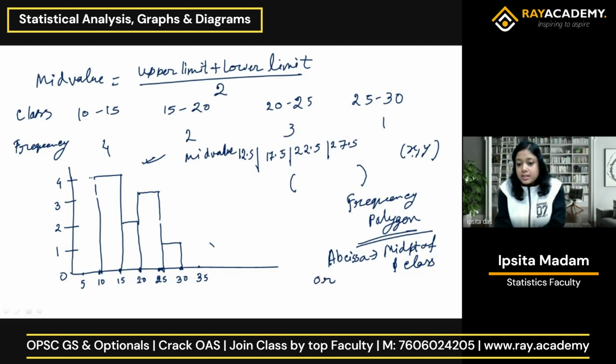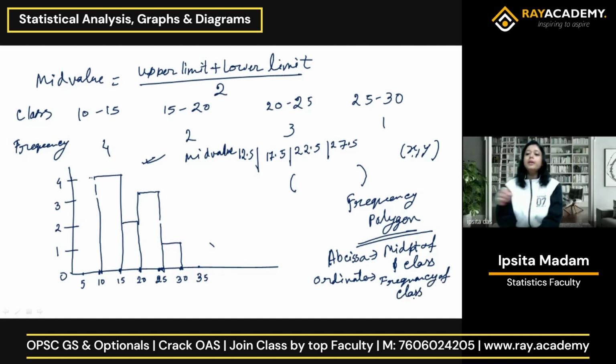And ordinate, that is the second part, is considered the frequency of class. Okay. Abscissa is the midpoint of class, ordinate is the frequency of the class. So according to this, 12.5, 4 for the first polygon point.